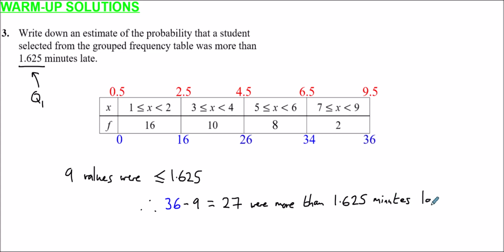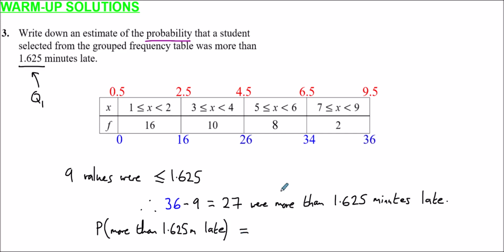But just be careful here. It's asking us for a probability. So the probability of a student being more than 1.625 late is essentially the relative frequency.